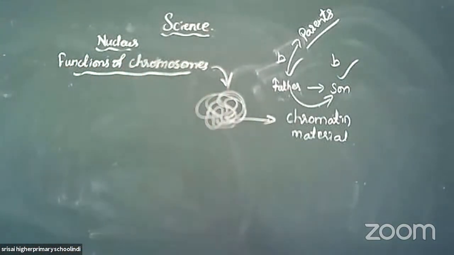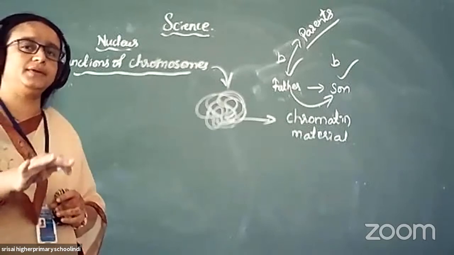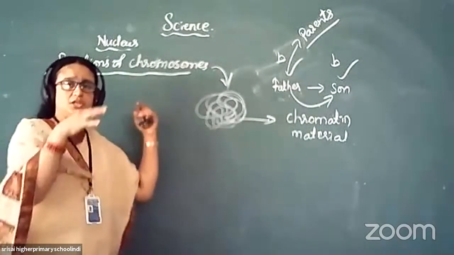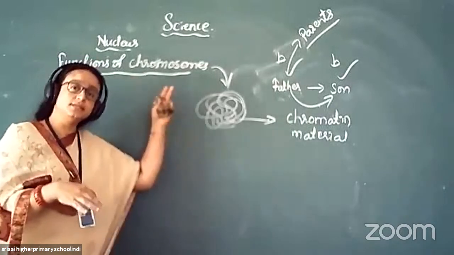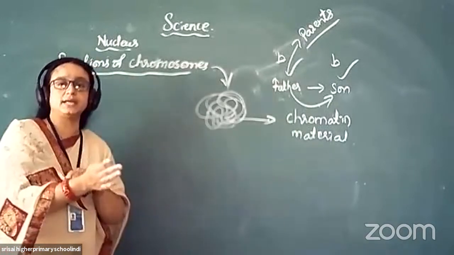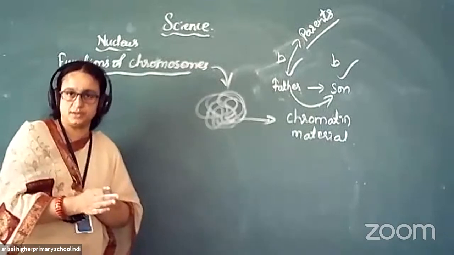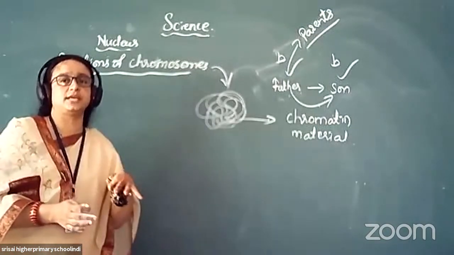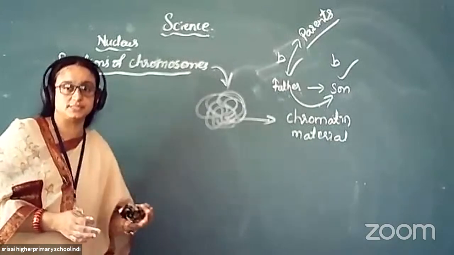But these will be present only during the cell division process. And further, when we go deep inside the chromosome, these chromosomes consist of DNA and protein. And that DNA has a functional segment, which is called genes.